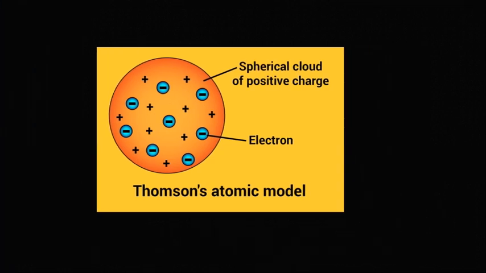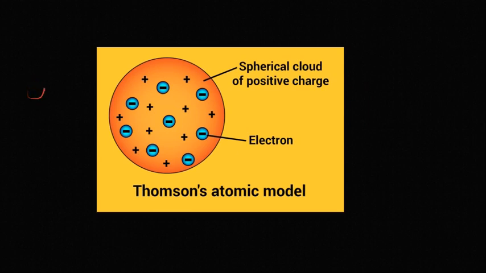In this lesson, we'll start with a new chapter, atoms. So today, we'll start with the topic, Thomson's model of atom. Back at the beginning of nuclear physics, people had the idea that the basic element is the atom.